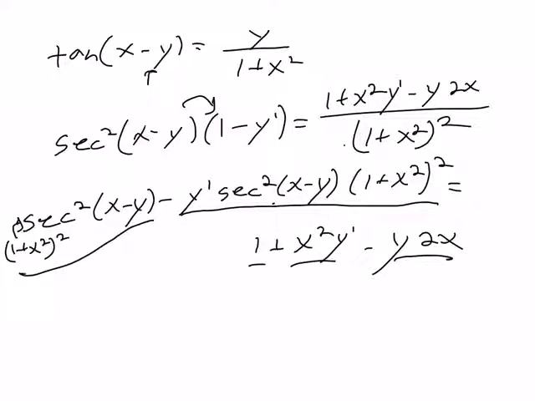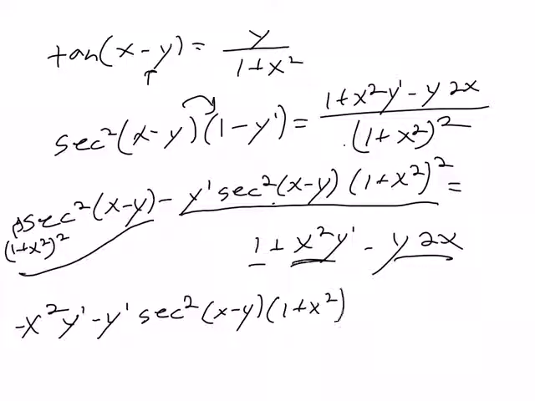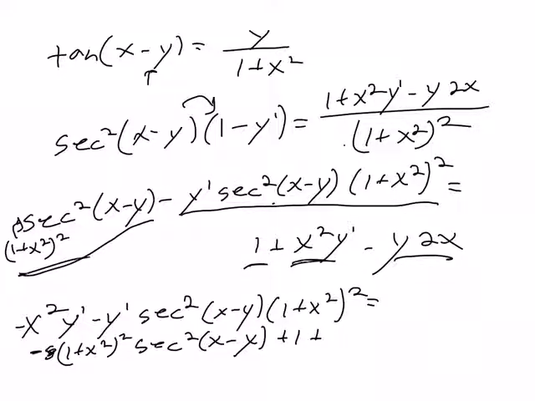So we will say that x squared y prime, minus x squared, because we're moving it, minus y prime secant squared of x minus y times 1 plus x squared is going to be equal to, and this part, which is 1 plus x squared times secant squared of x minus y, and we're moving it so it's a minus over there, plus minus y 2x.